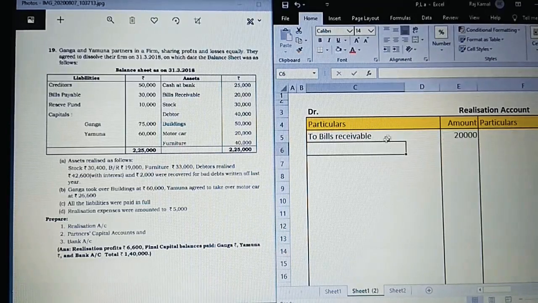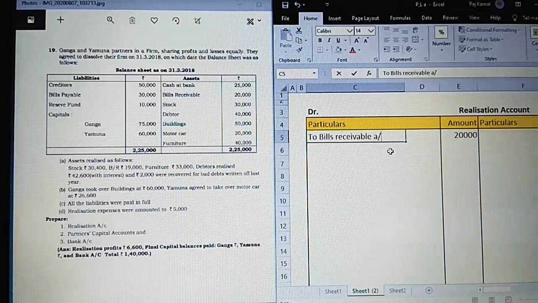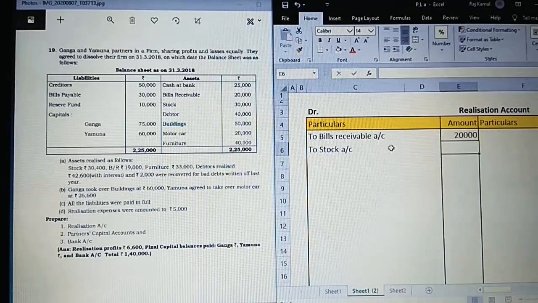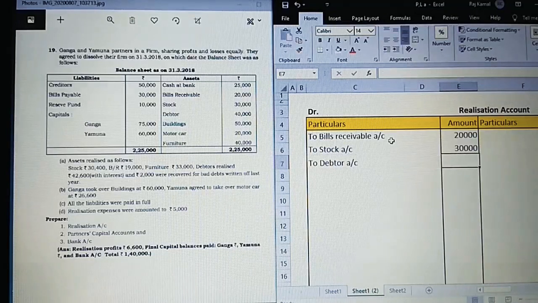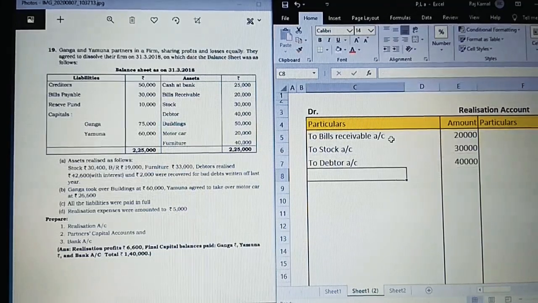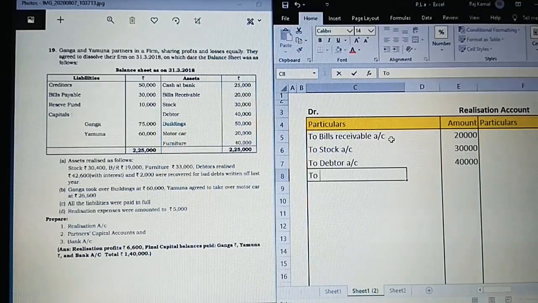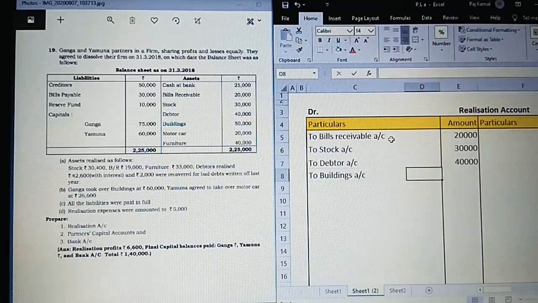20,000. Next, to stock, 30,000. To debtors, 40,000. I guess it's visible. Yes. Next, to buildings, 50,000.